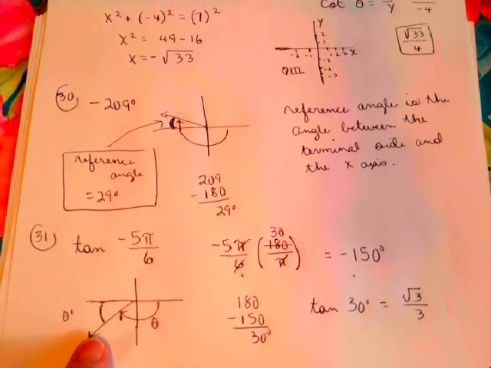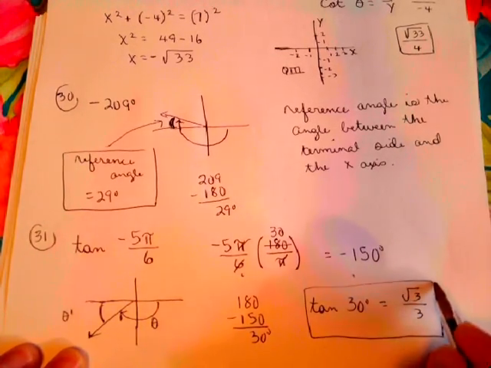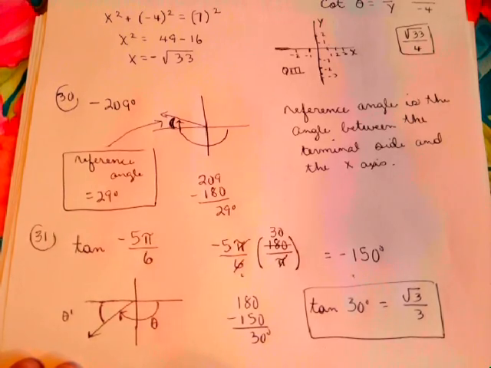In quadrant 3, is tangent positive or negative? It is positive because it includes y and x, and in quadrant 3 both of those are negative. Therefore tangent is positive square root of 3 over 3.